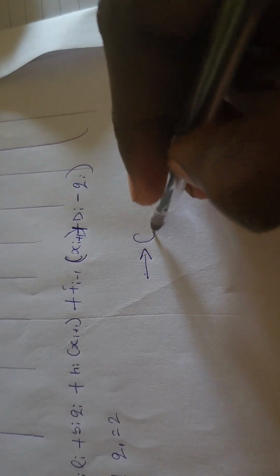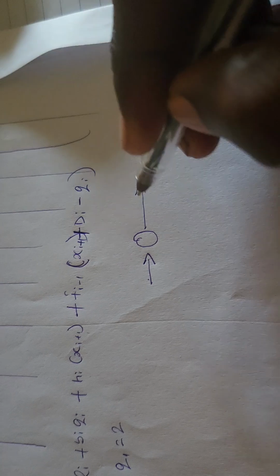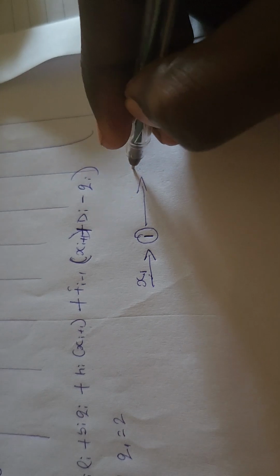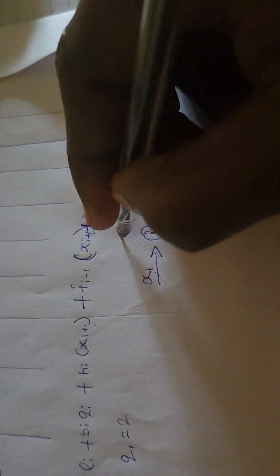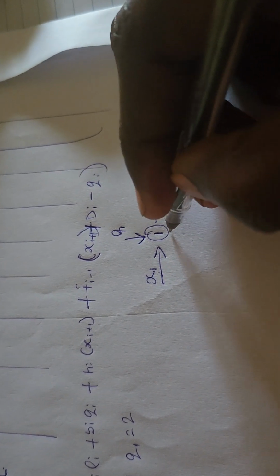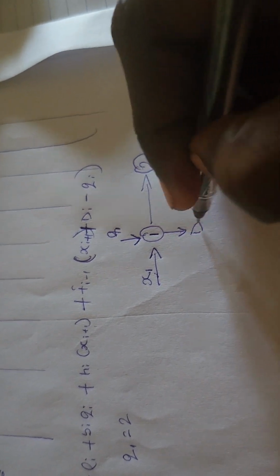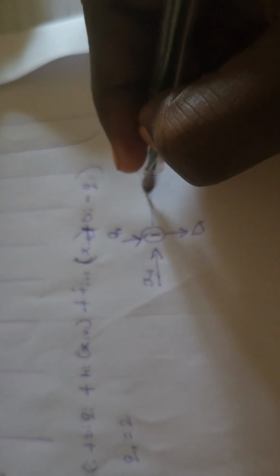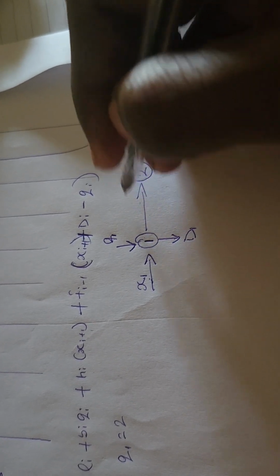Based on the problem we are given, this one will be x1, this one our period 1, our period 2. So this is the quantity we are producing in period 1, and this is the demand we are meeting in period 1. The inventory that is left here will go to period 2.